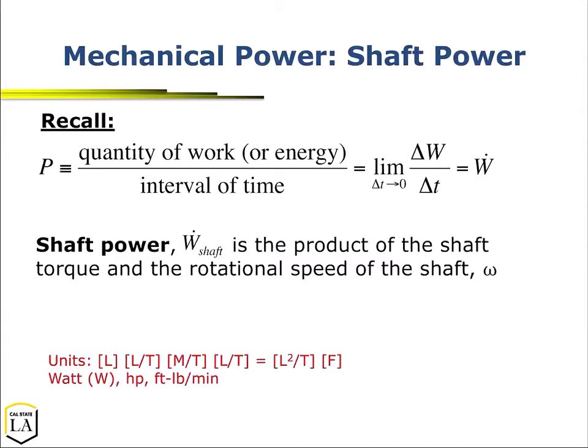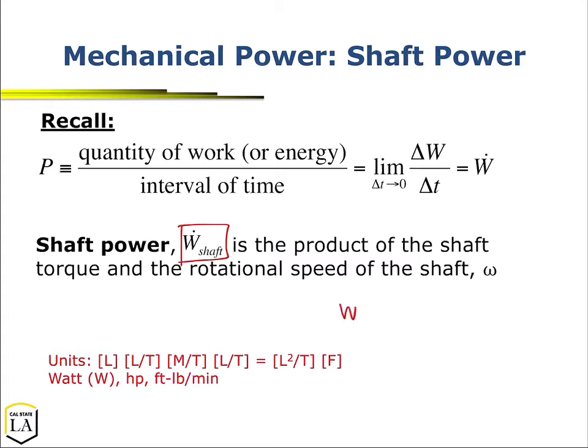Mechanical power. In these problems, you are going to have to calculate what's called the shaft power. That W dot is our shaft power and is the product of the shaft torque and the rotational speed of the shaft.